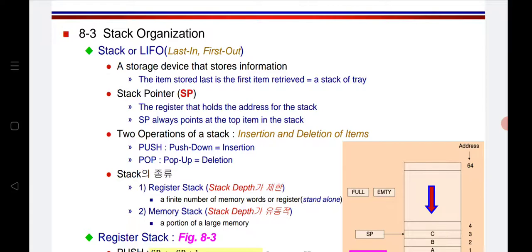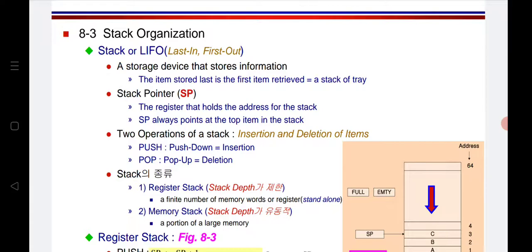Now, to point to my stack memory, I require a particular register. That register is going to hold the stack memory address, and it is known as the stack pointer. A stack pointer is the register that holds the address of the stack.